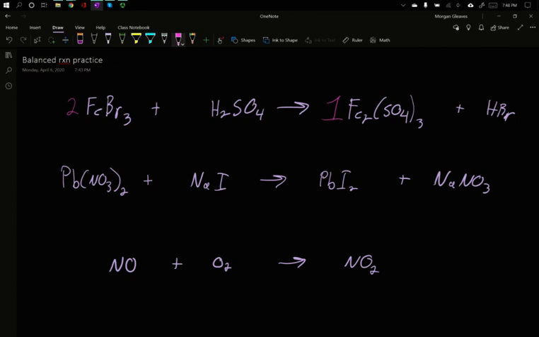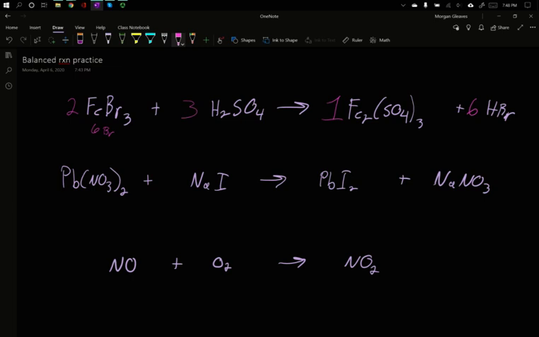As a result, though, this now means I have several of the other components. I could pick either one. Let's do bromine. As a result of setting the iron, I now have 6 bromines over on the left. This means I need 6 bromines on the right, and the only way to do that is to have 6 HBr. If I have 6 HBr, that means I have 6 hydrogens, and the only source for them is H2SO4.